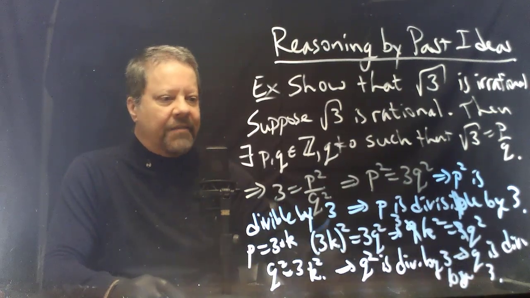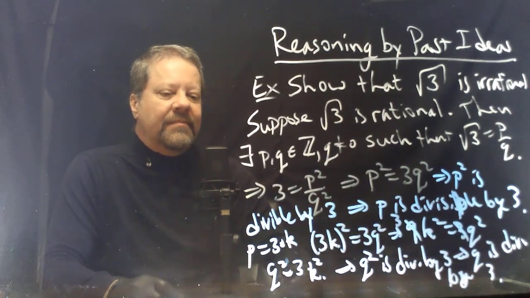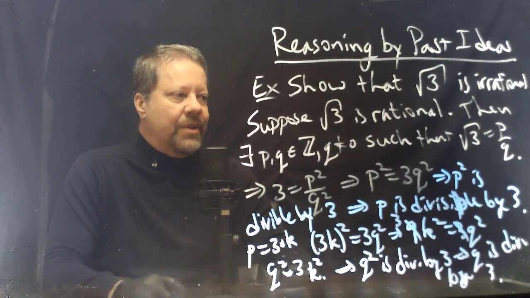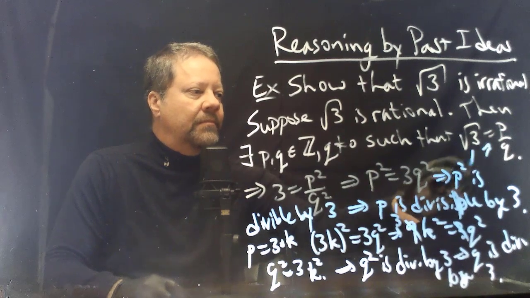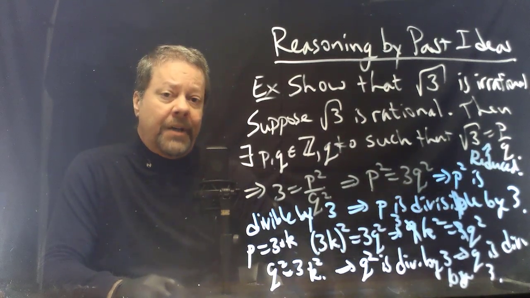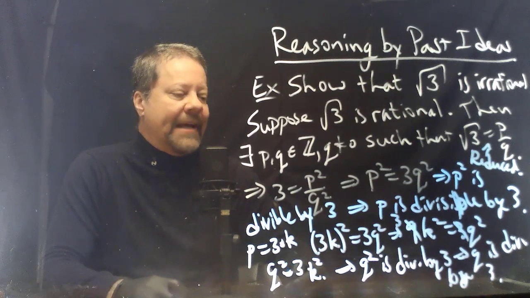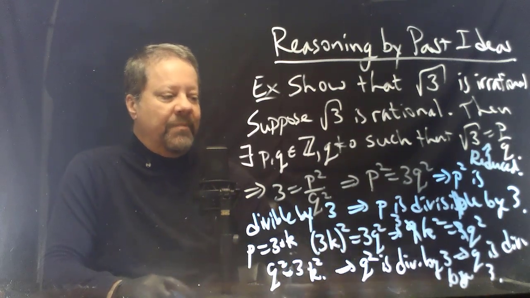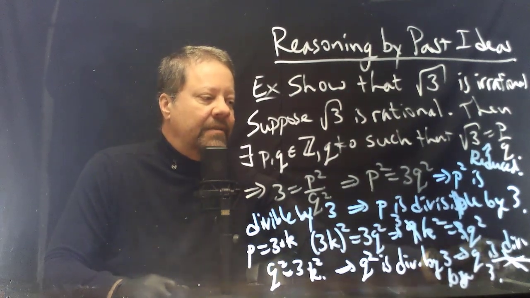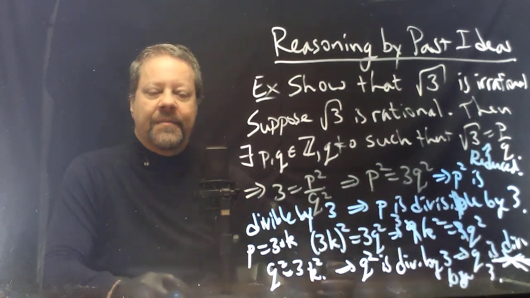But that means that our fraction wasn't reduced, and it's fair game to assume that the fraction is reduced, which means that p and q share no common factors. They've all been canceled out. But we've just shown p and q are both divisible by 3. That's a contradiction. So an assumption that we made is false.